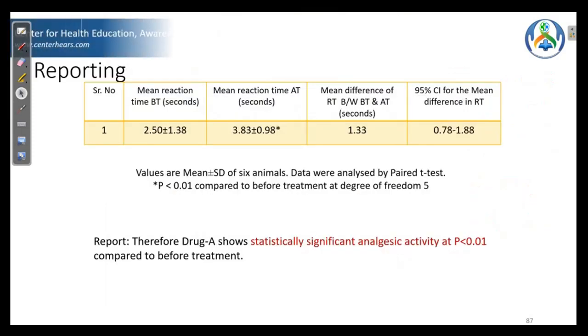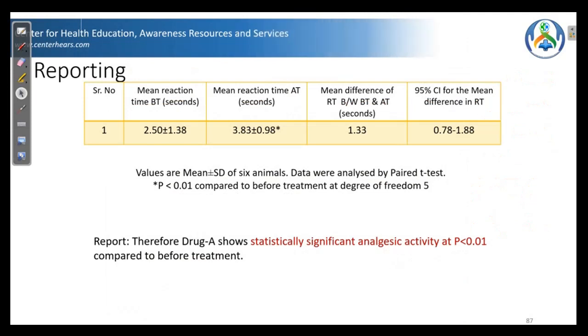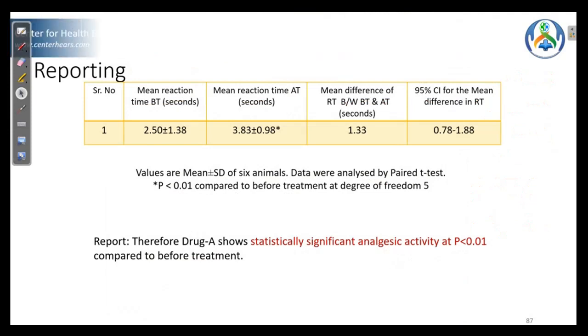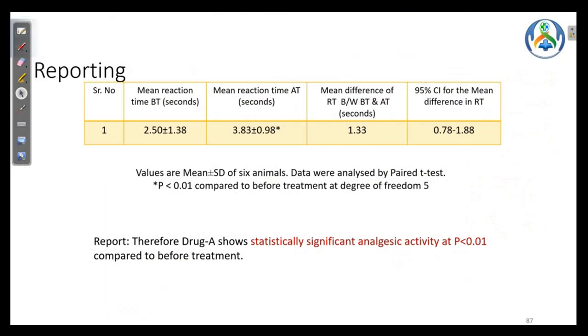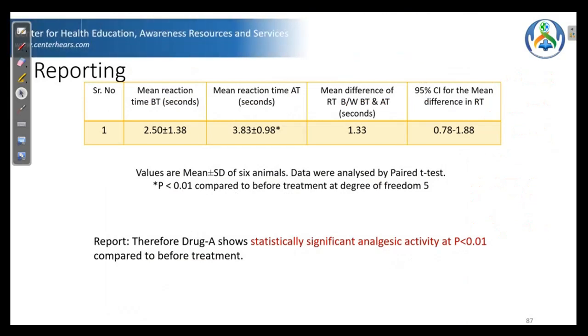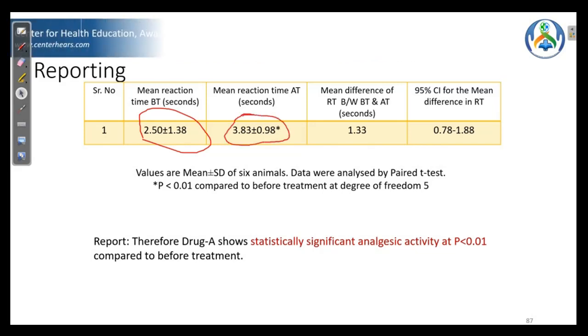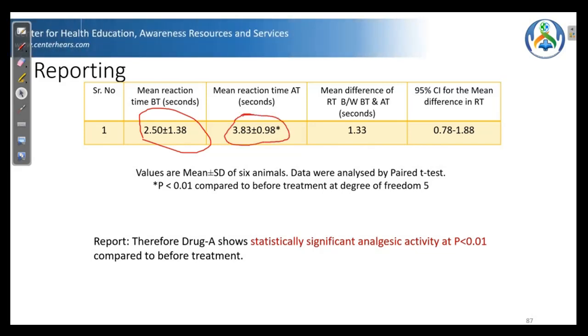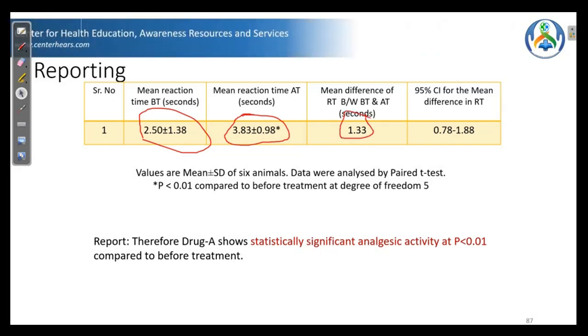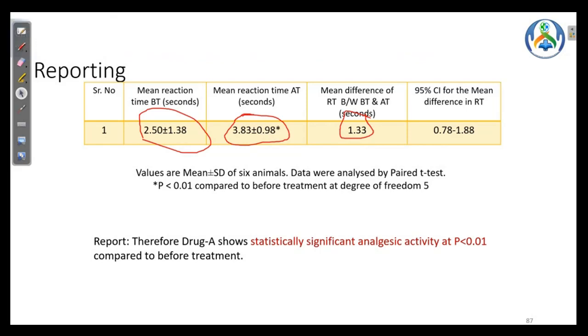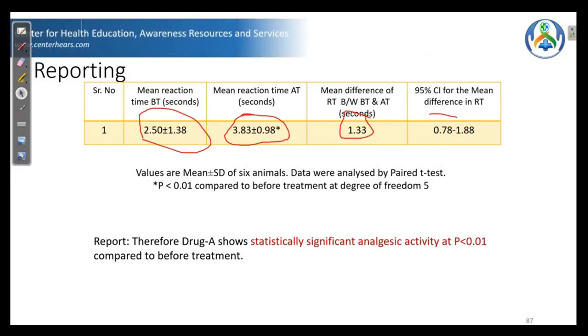Now see, this table is the way of reporting the test. You found the before-the-test mean plus SEM. Then you found the after-the-test mean and SEM. Then between the tests, the mean was 1.33, and this is the range.